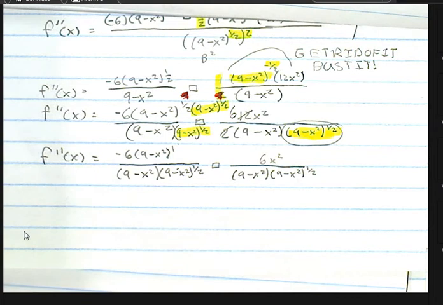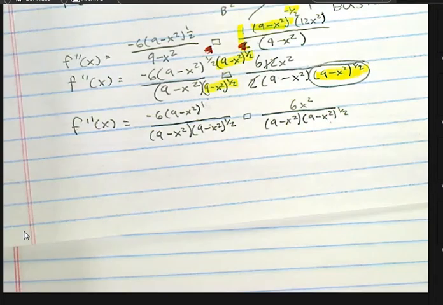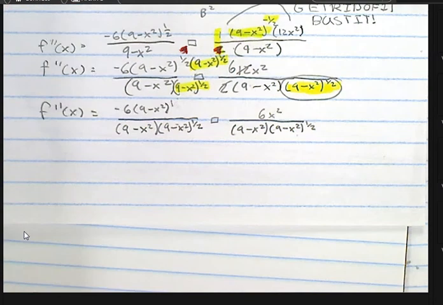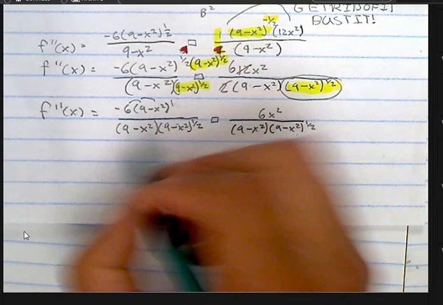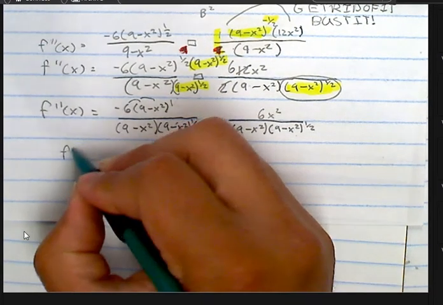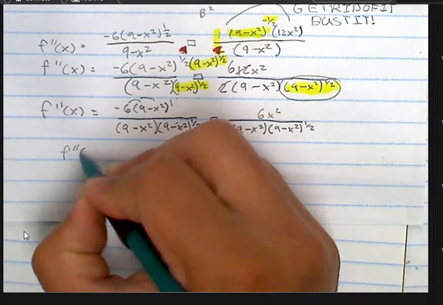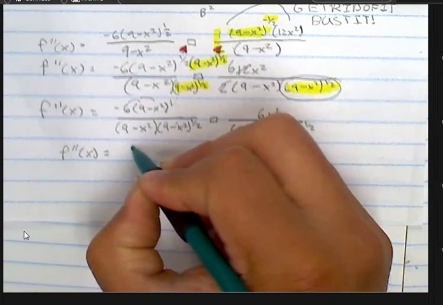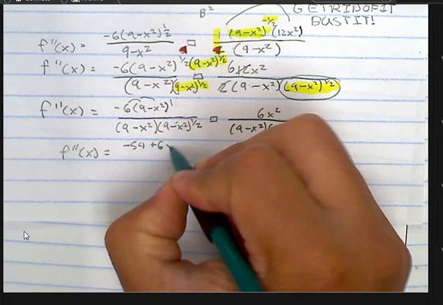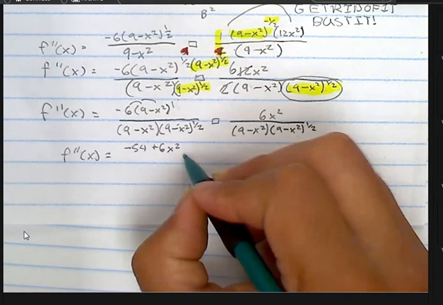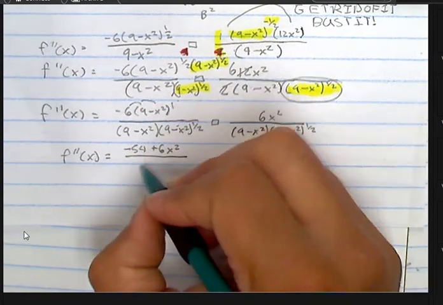Now something wonderful is about to happen. It's about to get a lot easier, fellas. Okay? So, distribute. Continue simplifying until it looks really good. Sure you can already see what's happening.